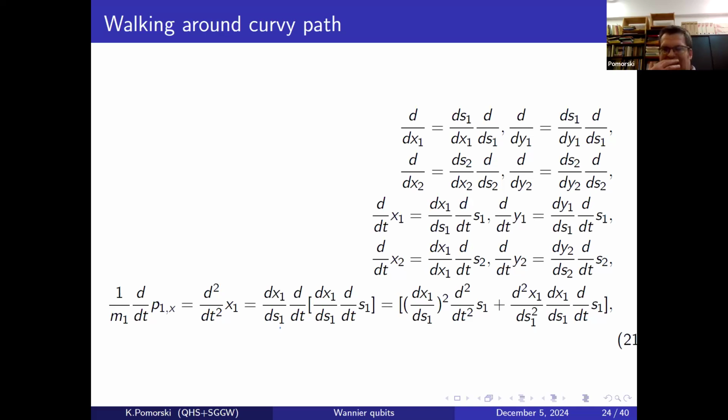So in a sense, this can also be seen as a kind of dissipative from a certain perspective, as this is velocity, since this is acceleration, this is velocity. So force proportional to velocity, and there is a kind of dissipation factor over here. So this dissipation is in a way due to curvature.